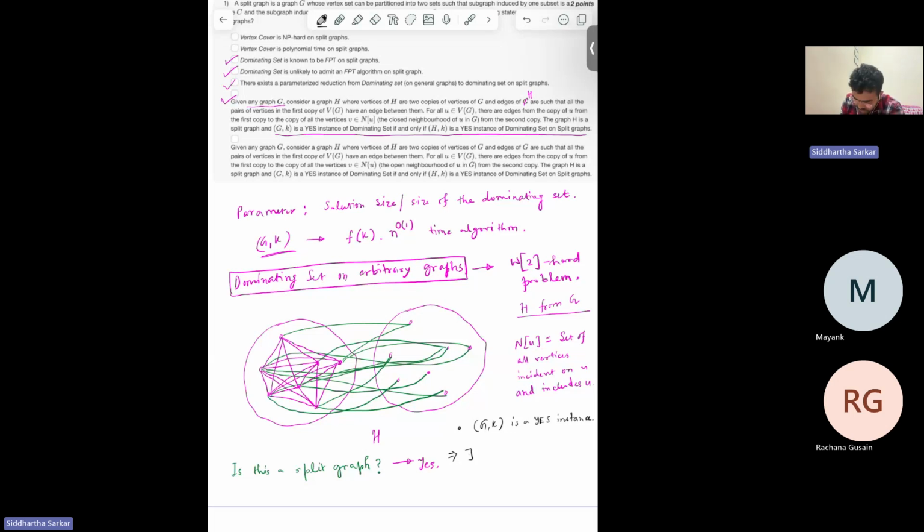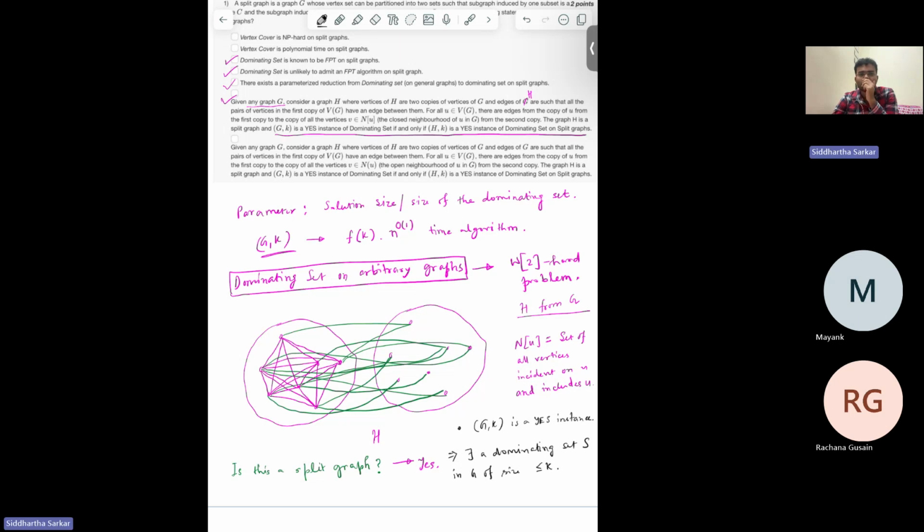So there exists a dominating set in G of size at most K. From this dominating set in G, can I construct a dominating set in H? That is the question we have to ask.